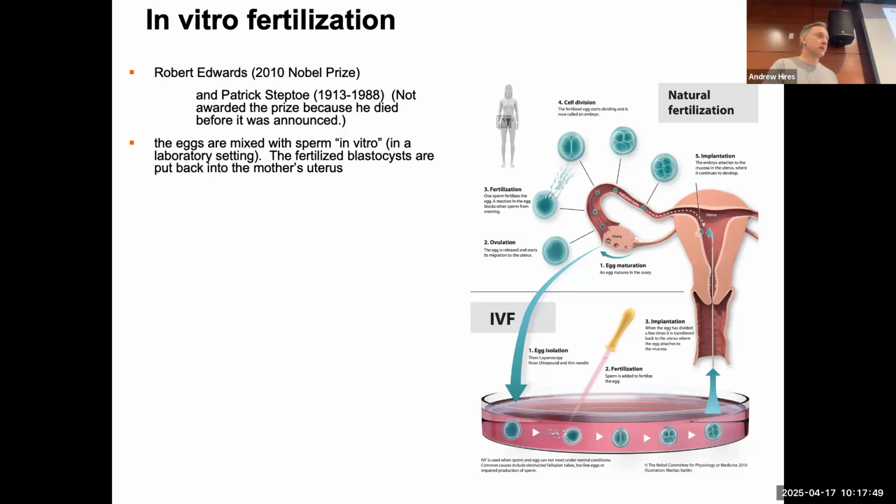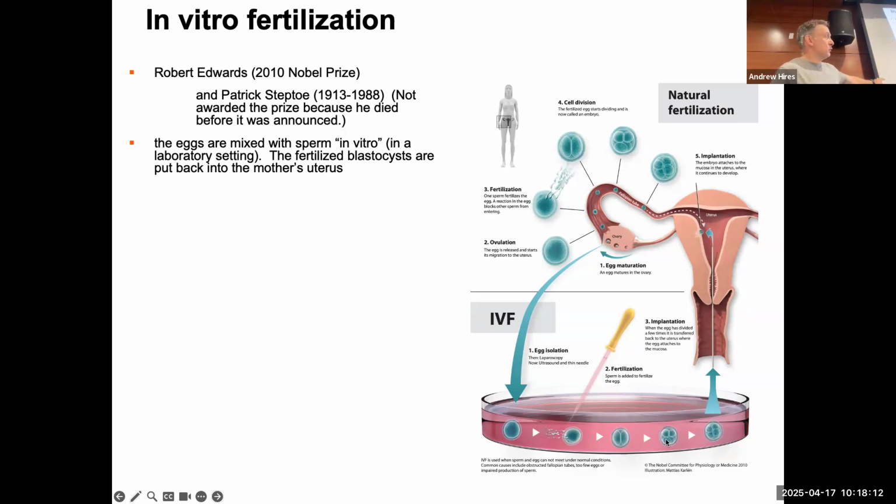Follicle development is hormonally controlled. So if you do a particular pattern of artificial hormone delivery, you can cause development of the follicle and of multiple follicles. Those can be harvested, extracted, and then mixed in a test tube with sperm from the father.